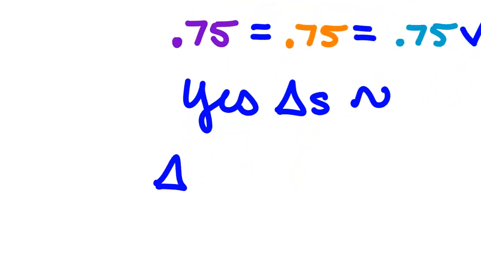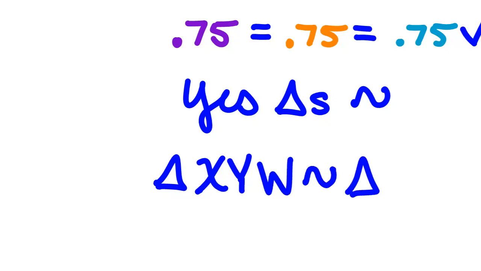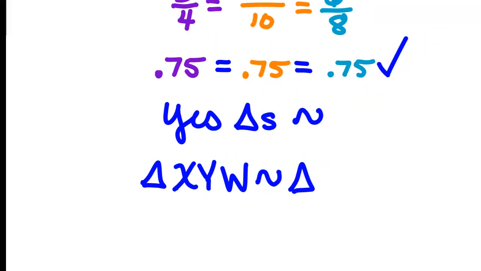Can somebody name one of those triangles for me? We could do YXW or XYW. XYW is the first one that I heard, so I'm going to go with that one. Triangle XYW is similar to, and now I've got to make sure to match up corresponding parts.